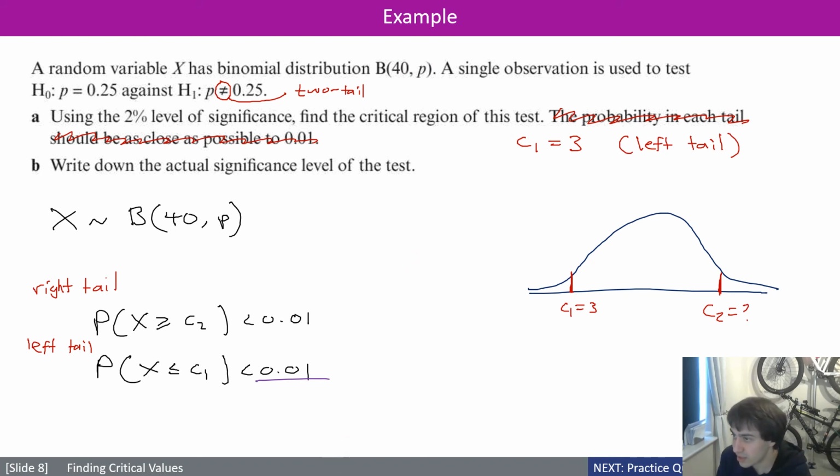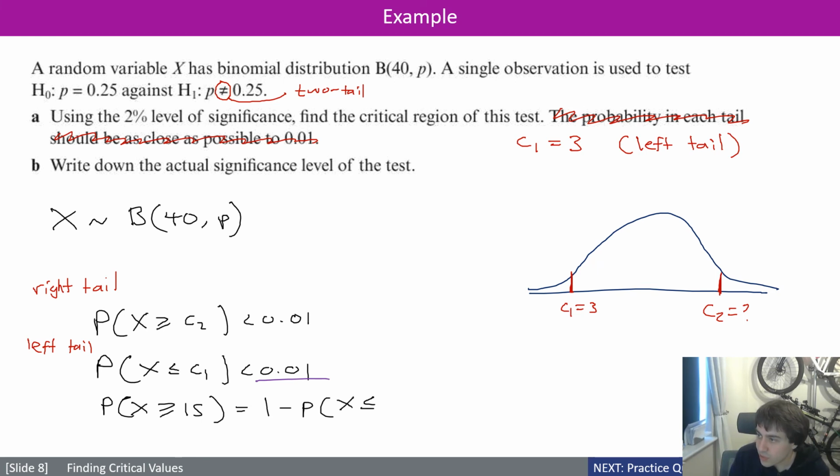Let's try 15. So let's try the probability that x is greater than or equal to 15. That's the same as 1 minus the probability that it's less than or equal to 14. So on the calculator, let's work that out.